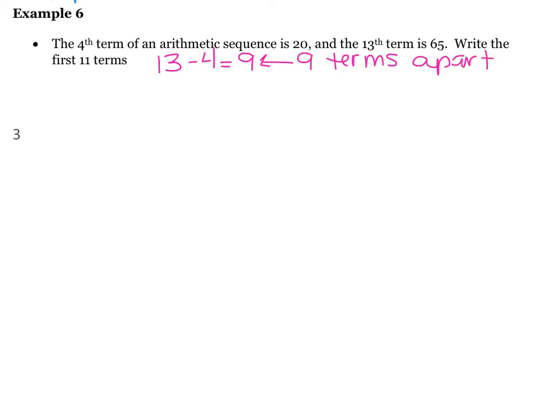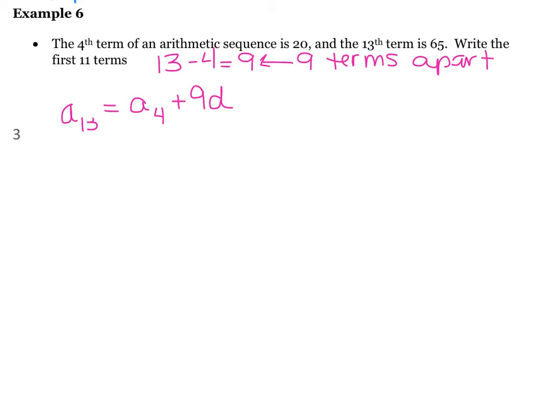That means that to start at the fourth term and get to the 13th term, we have to apply that common difference 9 times. So the way that you can write this in mathematical notation is to say, okay, if I want to get the 13th term and I start at the fourth term, what I have to do is add my common difference 9 times.